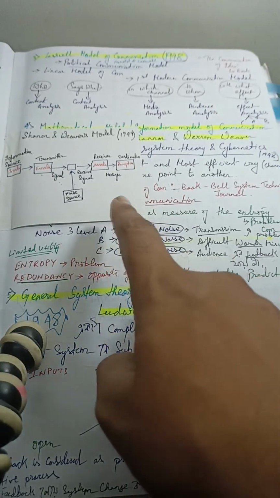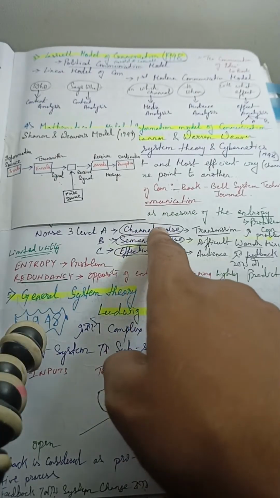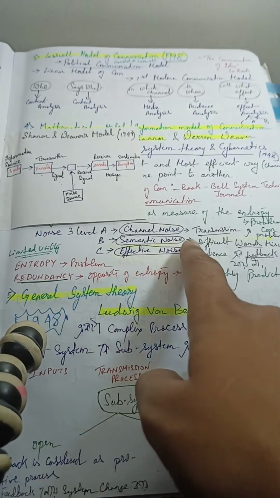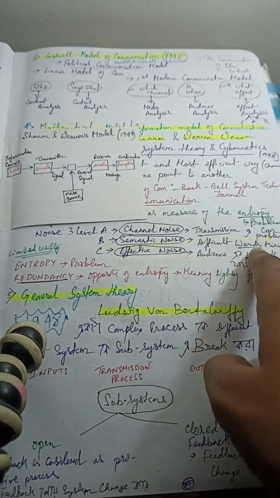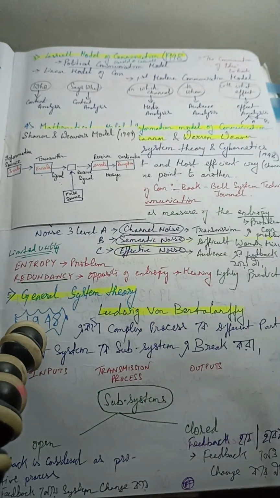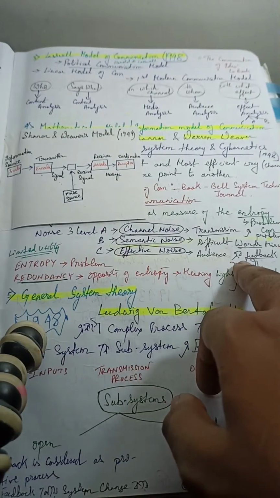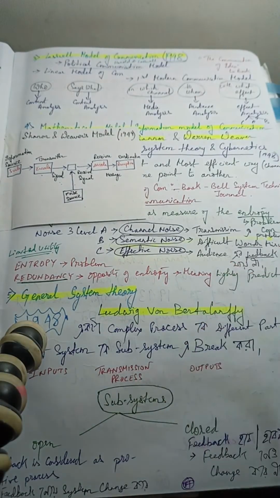As far as level A is concerned, channel noise means a problem in transmitting the message. Semantic noise means a problem in understanding the message, because words spoken are often misunderstood. And the third noise is effective noise, which is the feedback, the effect. Noise is anything that is a disturbance during communication.